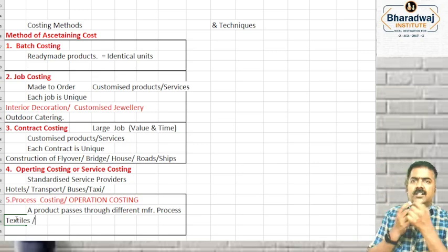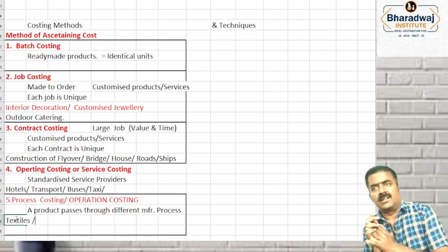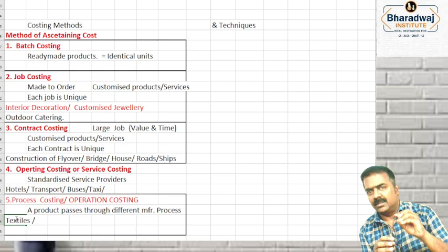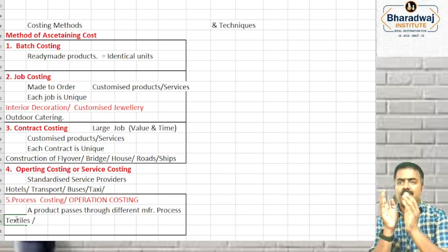Directly, do you get a shirt? What is the process involved? Get the cotton from the field, remove the dust, seed and all, you convert into pure cotton.